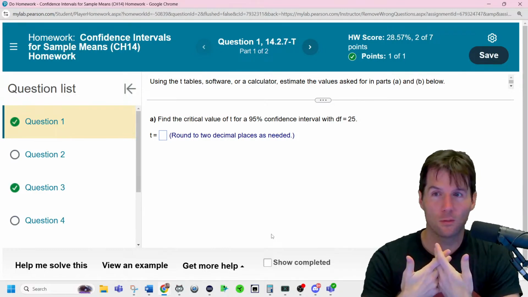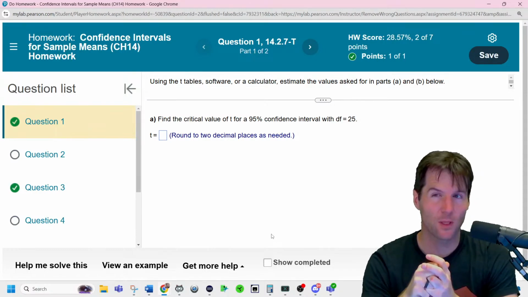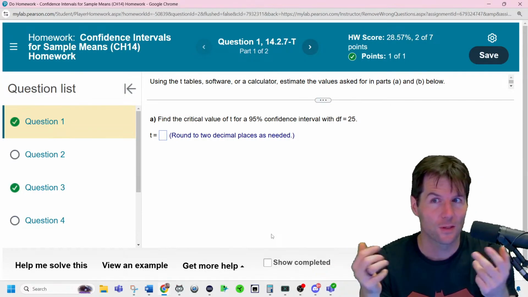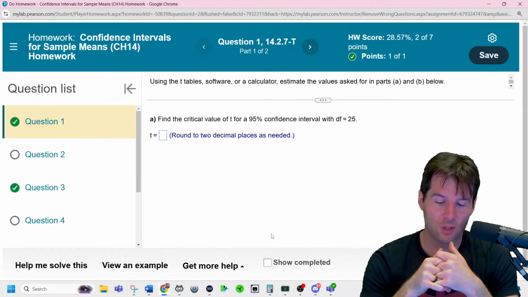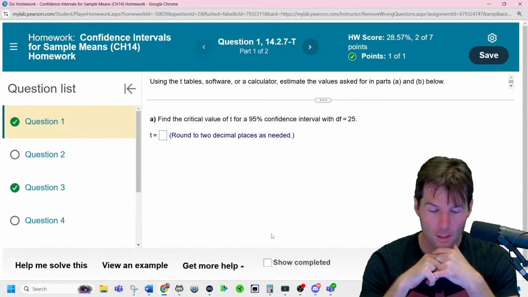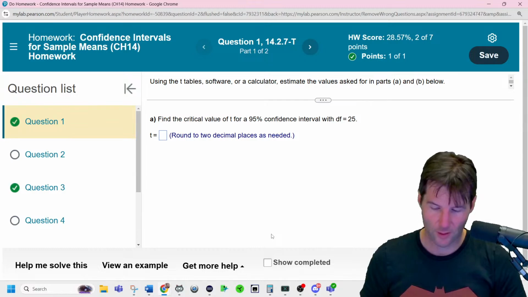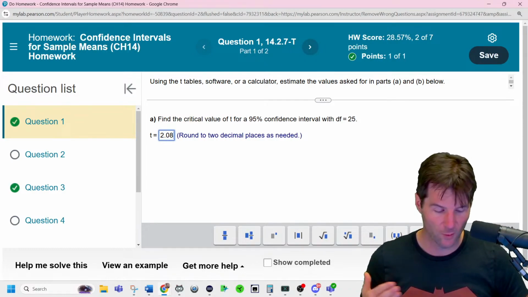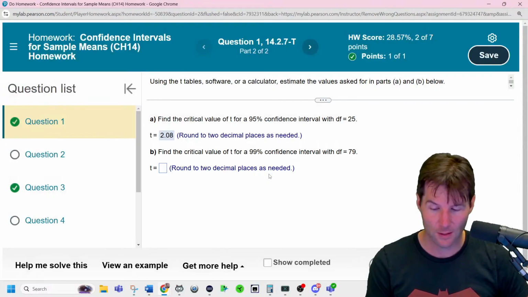So I know this can only go as low as 1.96, but that would be infinite degrees of freedom, or like 1,000 degrees of freedom is basically 1.96. I also know at 60 degrees of freedom, it's 2, and we just did one with 32 degrees of freedom, and it was 2.04 basically. So now it's probably about 2.08 because it's going to be a little bit bigger. Remember, we just did a problem where it was 2.04 with 32 degrees of freedom, so we got it right.